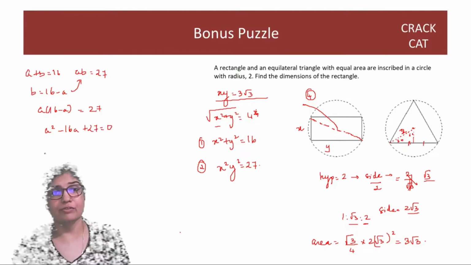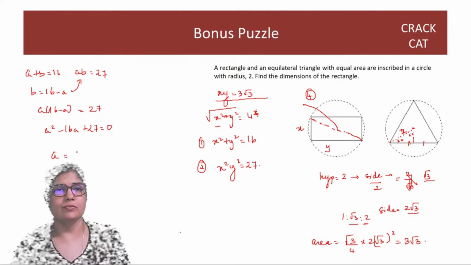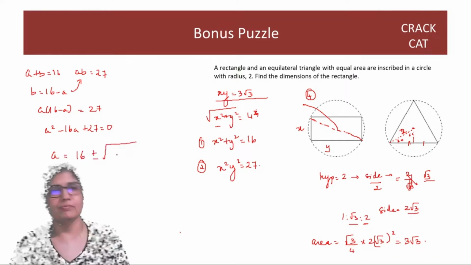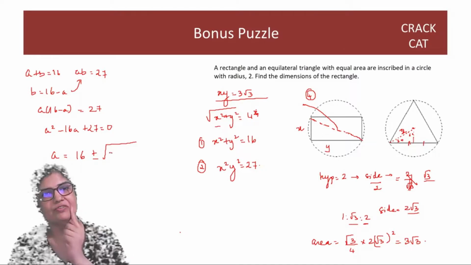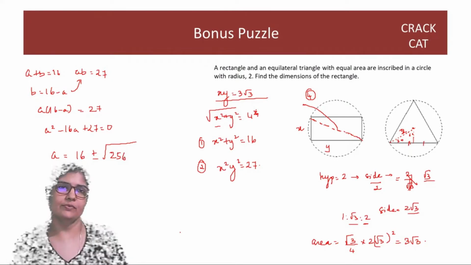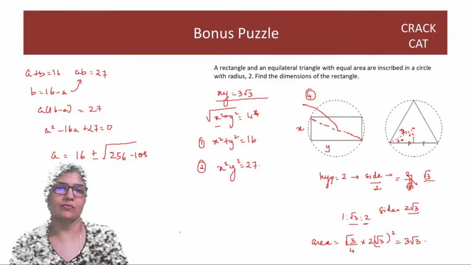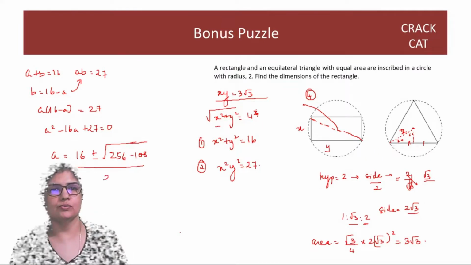So the solution for this is going to be minus b, which is 16, plus minus root of b square. Okay, so b square here is 256, minus 4ac, 108, divided by 2.